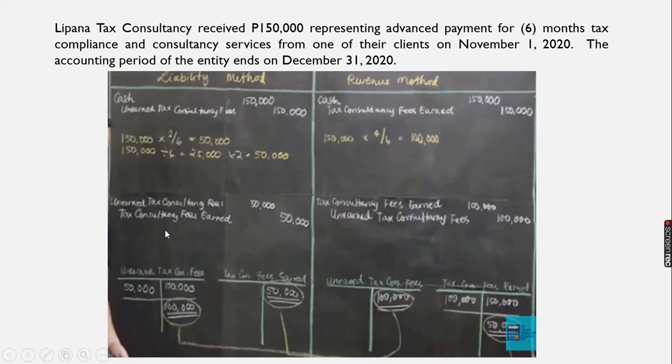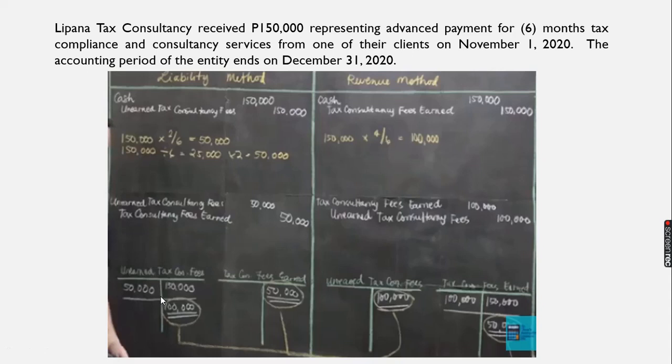Unearned tax consultancy fees, noong November 1, 2020, 150,000. And then, noong December 31, 2020, naging debit na siya, 50,000. So, may balance pa siya na 100,000.